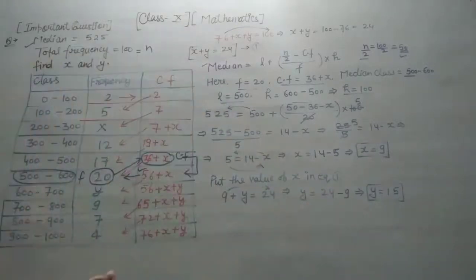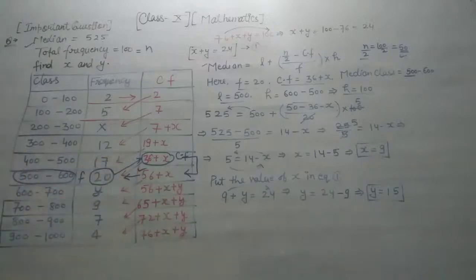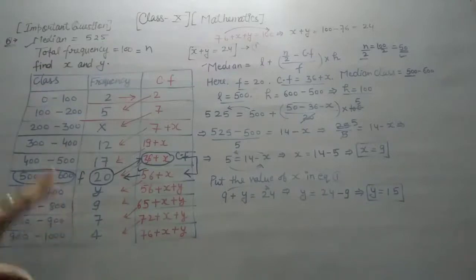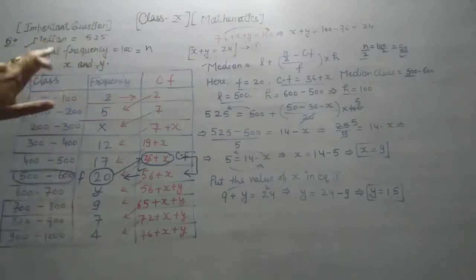So by this way, by this formula, by this method, you have to find the value of x and y that is given in your table, and at that time it will be given the median is equal to and the total frequency equal to.